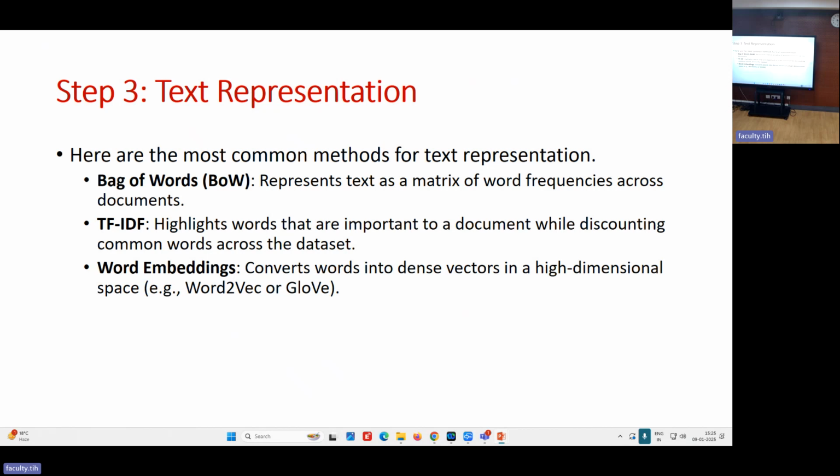Like in the word2vec model, you are finding the word vector by taking the preceding words or the following words around that particular word. On the basis of that, you are trying to find the word vectors.